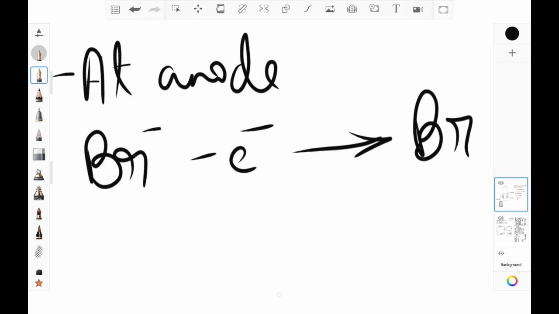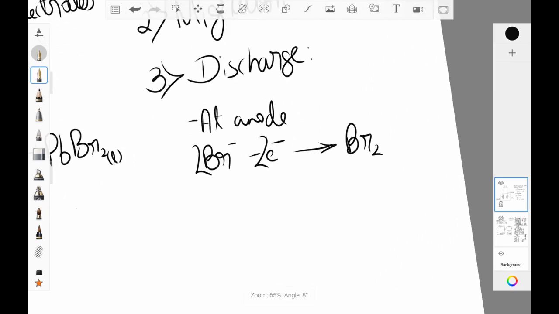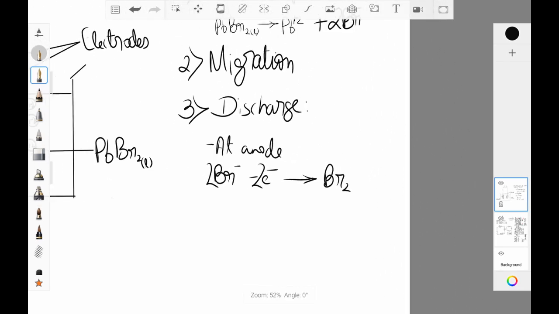Now, pro tip, remember bromine is a halogen, and all halogens are diatomic. So you have to put a 2 here. But if you put a 2 here, the rest of the equation is not balanced. So you just have to put a 2 here and a 2 here. And now it's balanced.